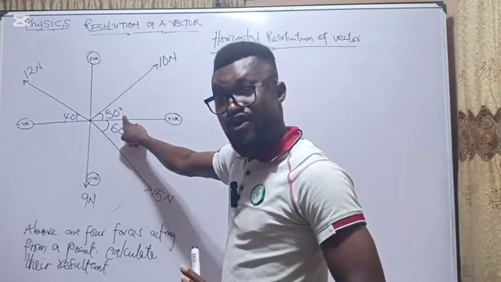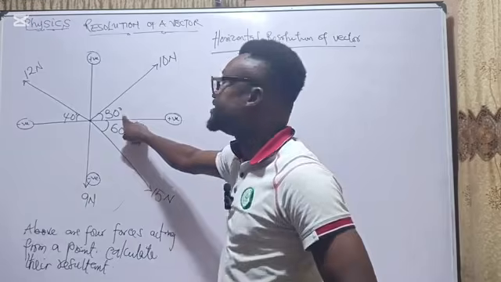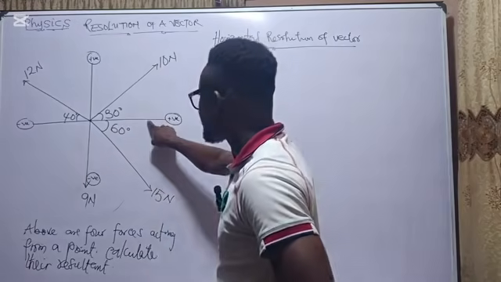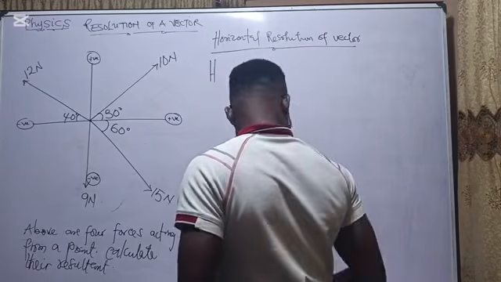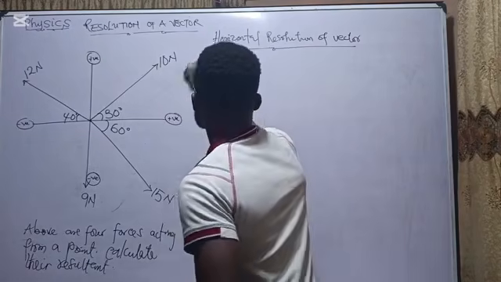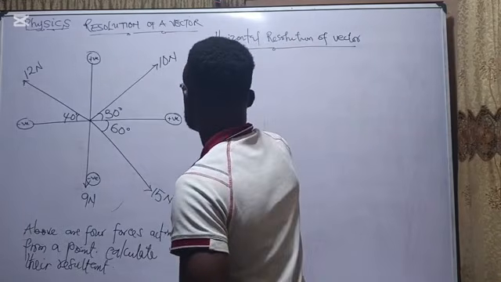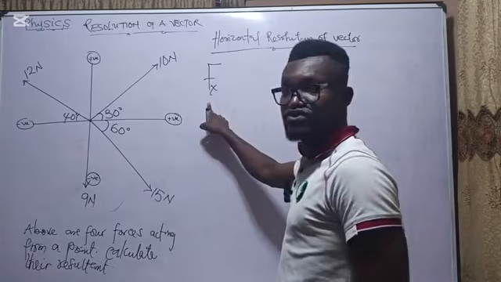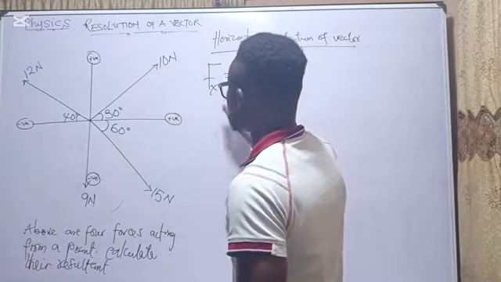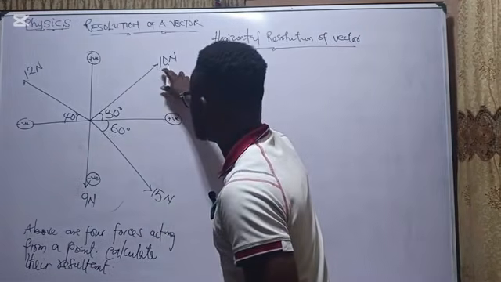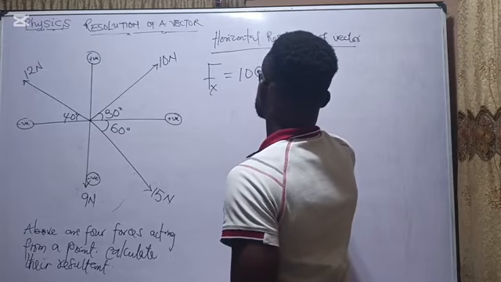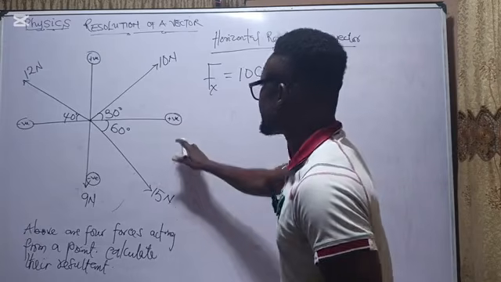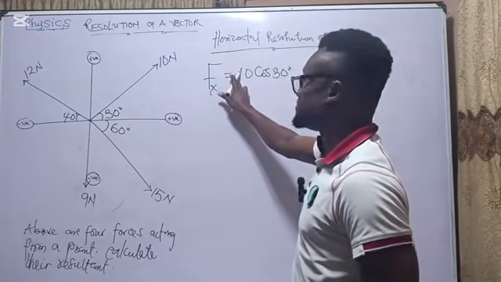Cos. If there is no angle in between, that should be sine. So 10 cos 30 is the horizontal component of that force. Remember, it is positive, that's why we have a positive value.